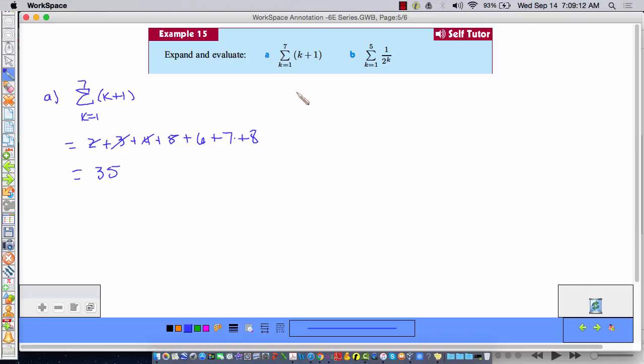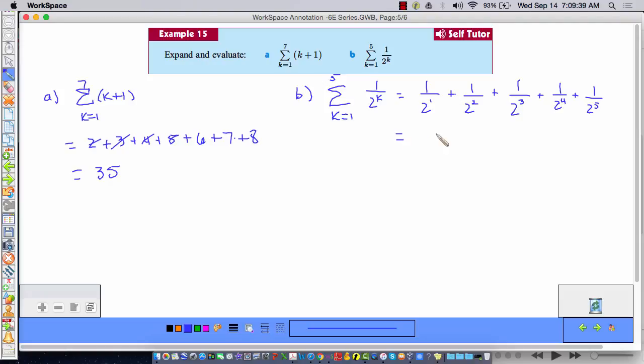And then for B, they want me to do the sum from k equals 1 to 5 of 1 over 2 to the k. Well, that's going to equal 1 over 2 to the first power plus 1 over 2 squared plus 1 over 2 cubed plus 1 over 2 to the fourth plus 1 over 2 to the fifth.